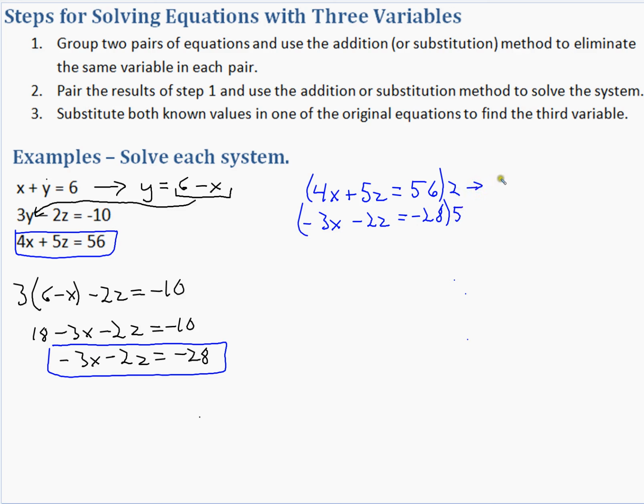That will give us an 8x plus 10z equals 112. That's the 2 being multiplied by each term. Now we're going to multiply 5 by each term on the bottom. We get -15x minus 10z equals -140.